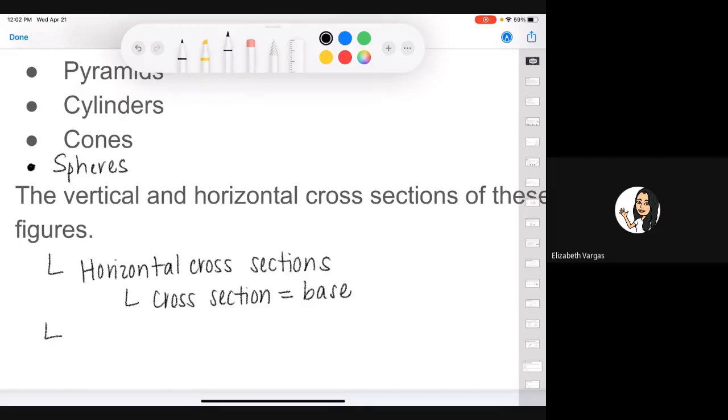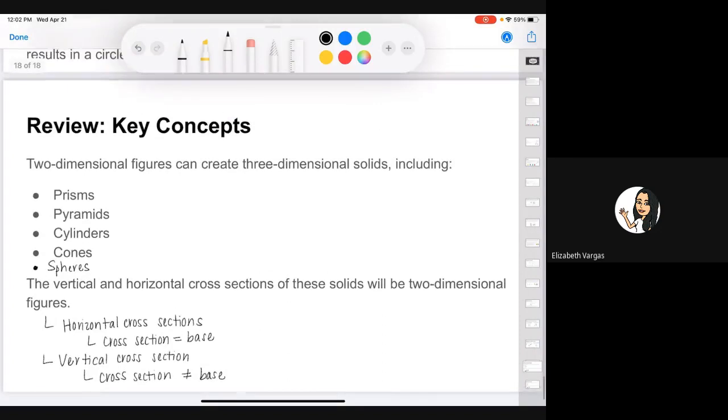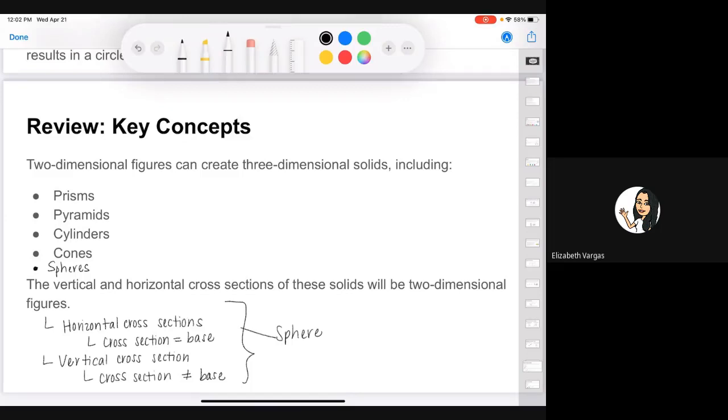If we have a vertical cross section, then it is really just dependent on what type of figure you have. So the cross section will likely not be congruent to that base. Unless it is a sphere, then for a sphere, it doesn't matter if it's a horizontal or a vertical cross section, you're always going to get a circle.